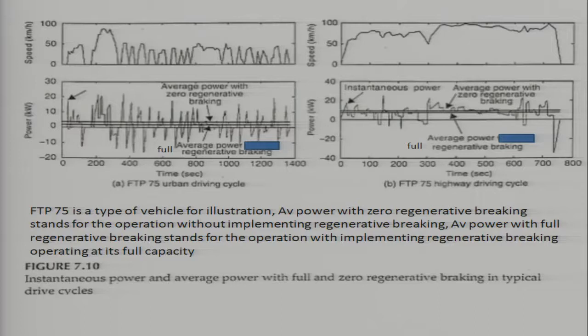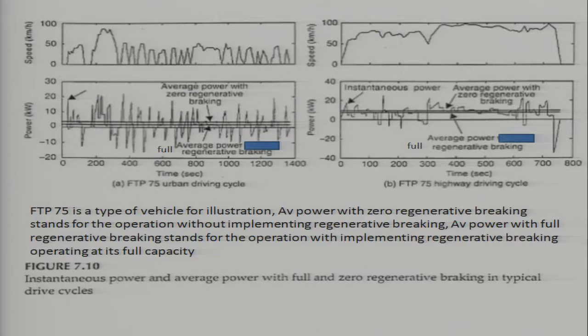Average power with zero regenerative braking is this much, whereas average power with full regenerative braking is this much. So you can see that with a full regenerative braking type of vehicle, the power requirement is less than with zero regenerative braking.